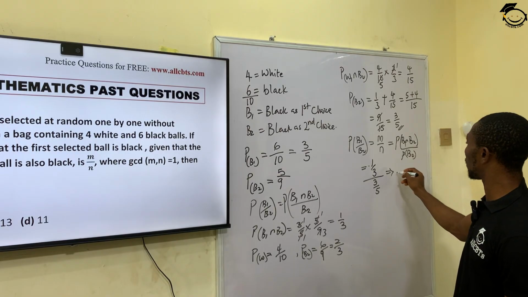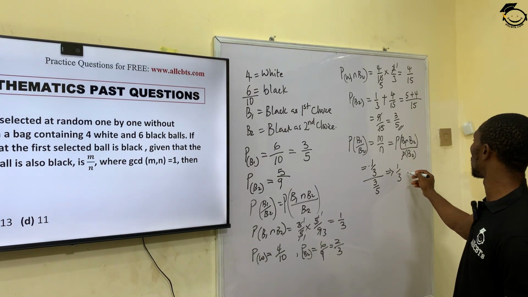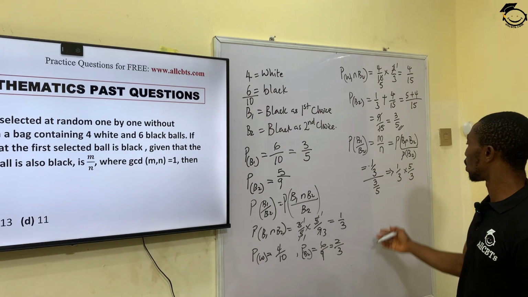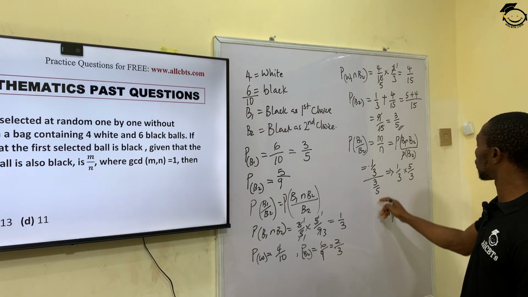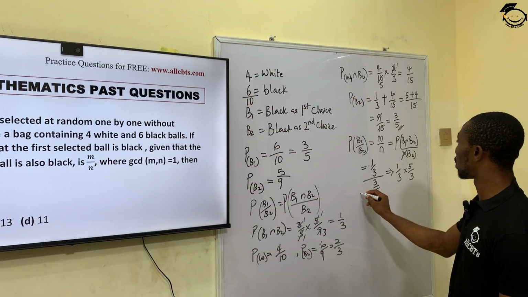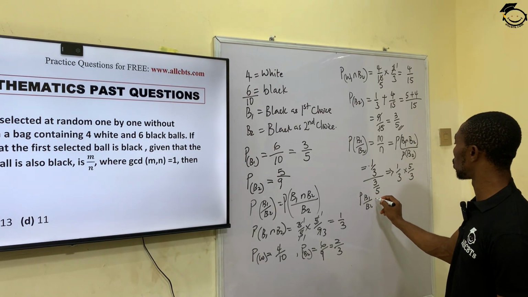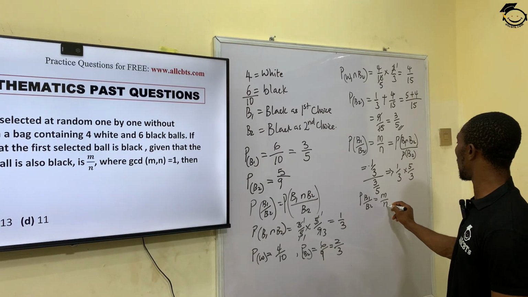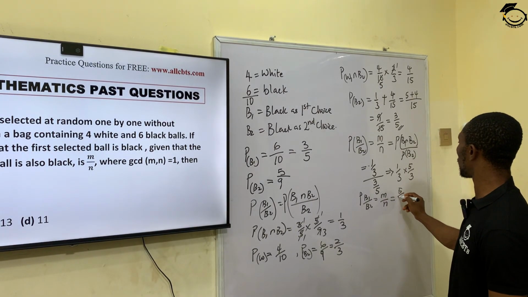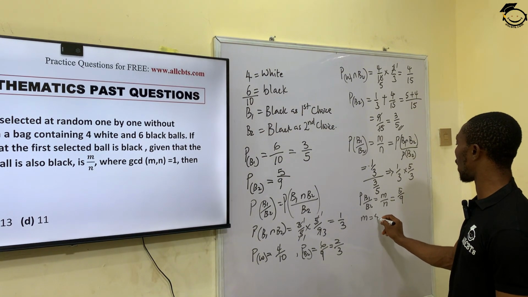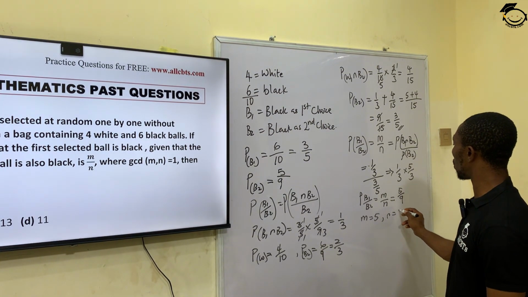So from here, we have 1 over 3 times 5 over 3. We have the inverse of this. So probability of B1 given B2, which is m over n, equals 5 over 9. And here, m equals 5 and n equals 9.